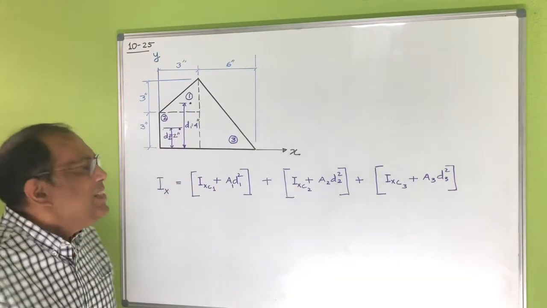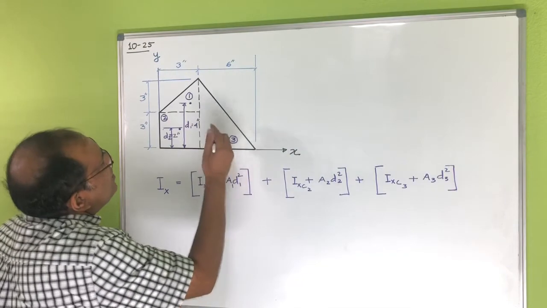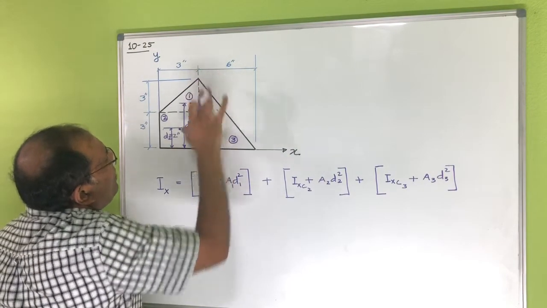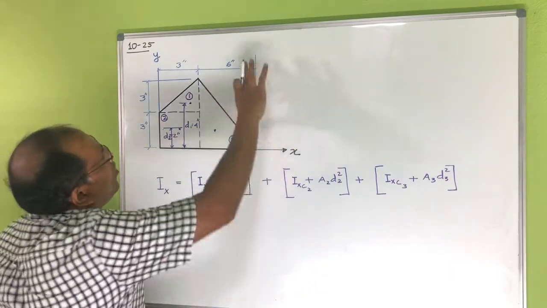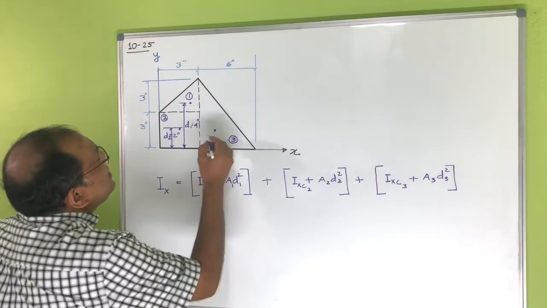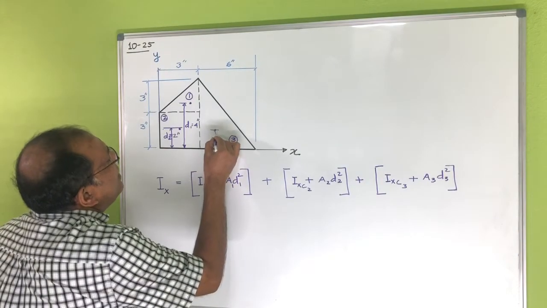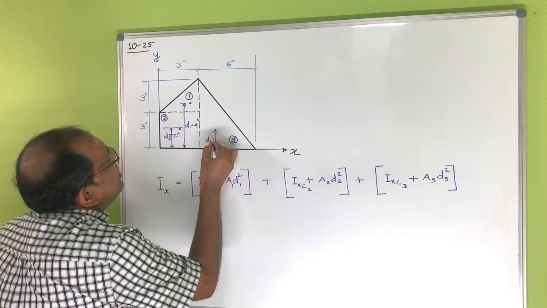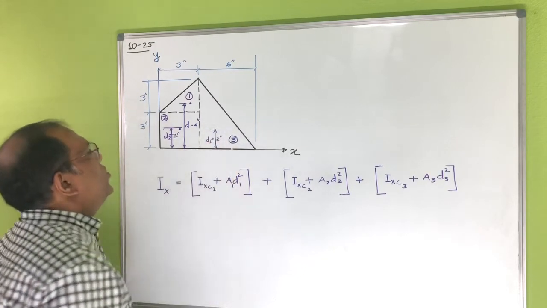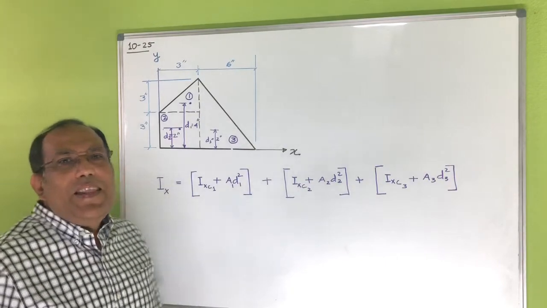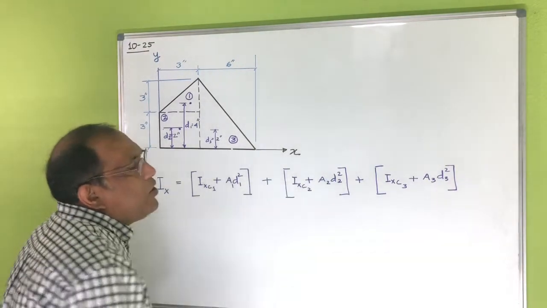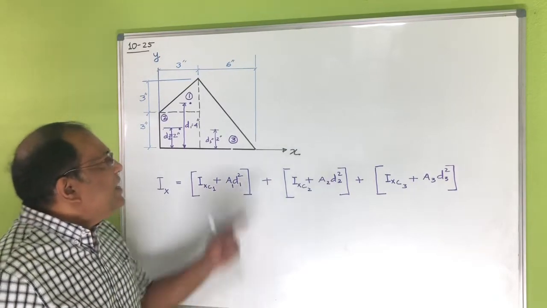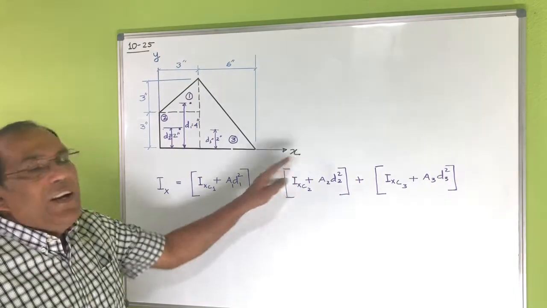For this one, the centroid is here, 2/3 from the apex and 1/3 from the base. The total height is 6, so the distance from here to here is your d3, which is also 2 inch. Now I can put all those values in and see the moment of inertia for this composite body along the x-axis.